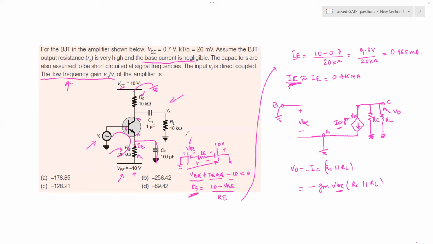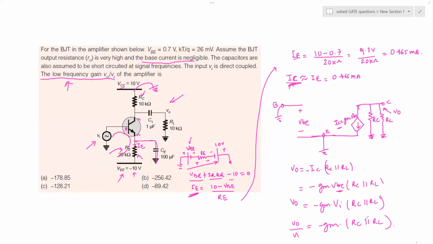So you say that VO equals minus GM times VI times RC in parallel with RL, and then VO over VI, which is what you are asked to calculate, is minus GM times RC in parallel with RL.